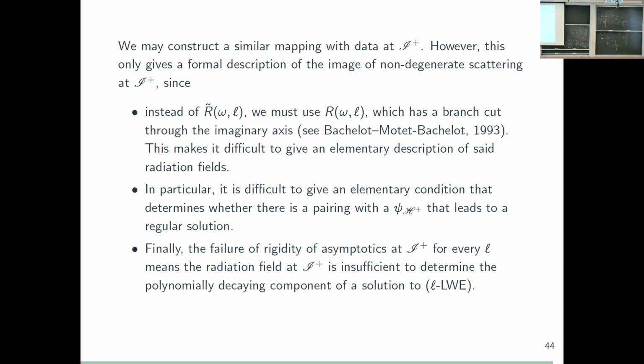So we cannot use some other surrogate elementary functions that allow us to actually describe the resulting spaces explicitly. So if we are to try to do this with radiation fields based at Scri plus, the resulting function space, we can state it formally, but we don't know what it is.